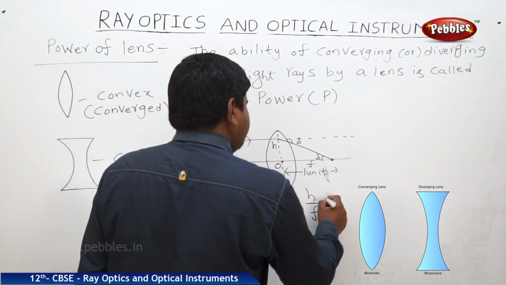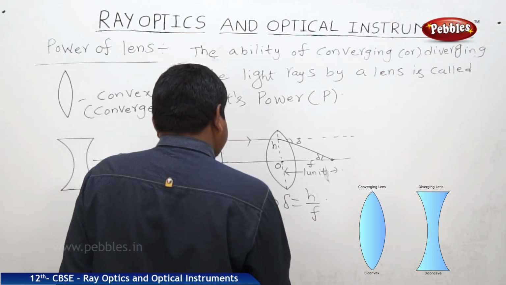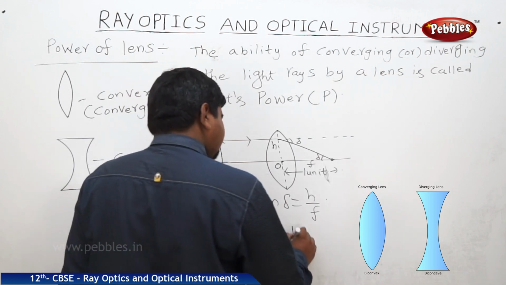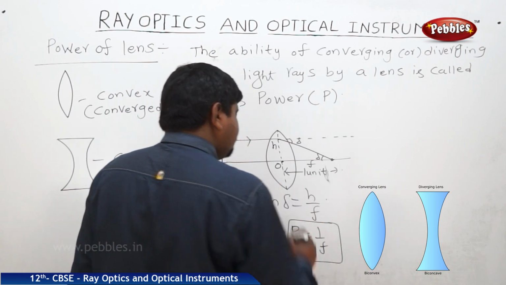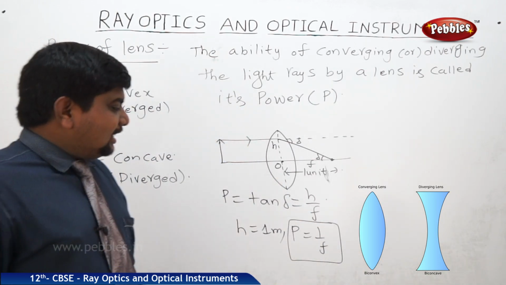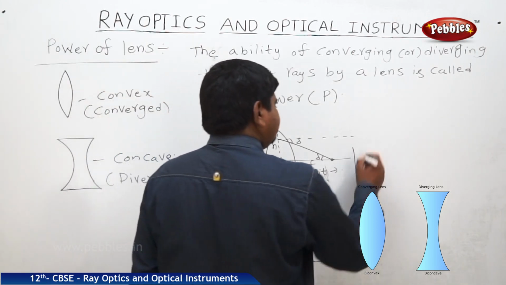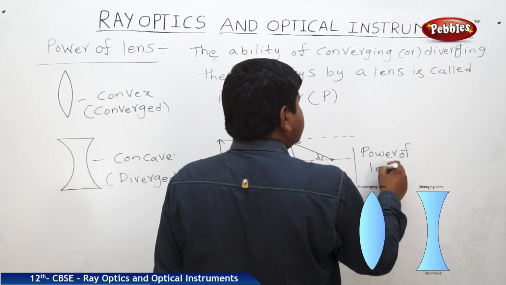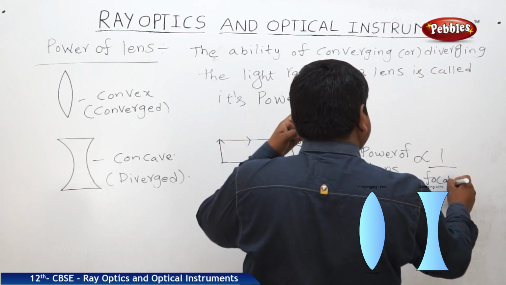H by F. If H is equal to 1 unit or 1 meter, then P will become 1 by F. So the power of a lens is the reciprocal of its focal length. So the power of a lens is inversely proportional to the focal length.